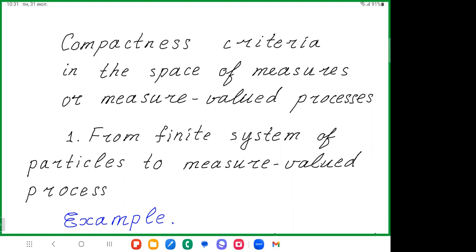Second, after we get some valuable equation for such a system, we need to prove that this equation has a solution with good properties. And after this, we will discuss the long-time behavior of the solution.